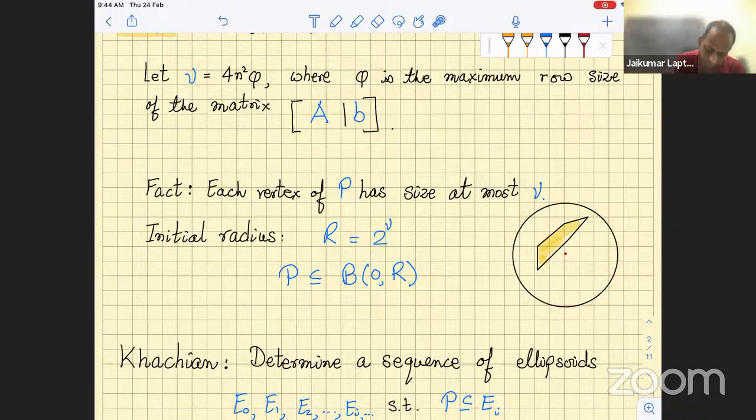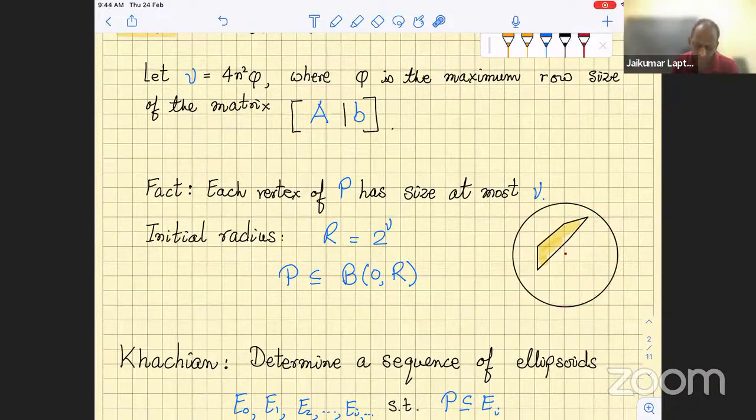It turns out that if a system of inequalities is bounded and is defined by a matrix whose entries are all reasonable, then this entire polyhedron is contained inside a ball whose radius is 2 to the power nu.